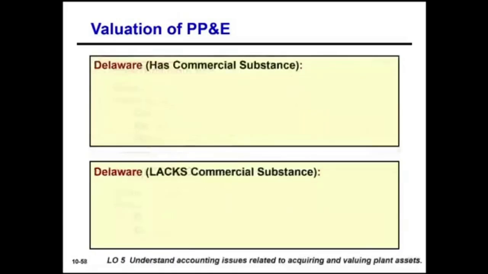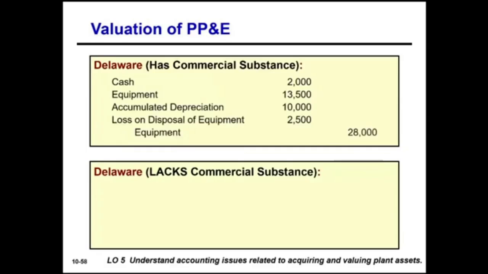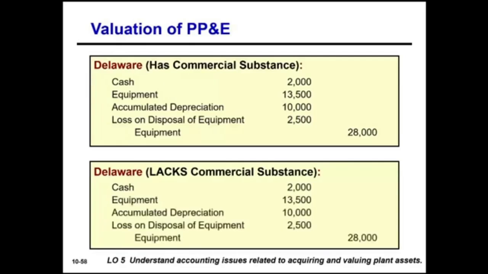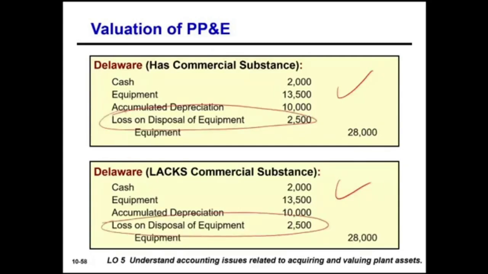This is for Santa. For Delaware, if it has commercial substance, we're going to be recording the loss. If it lacks commercial substance, no difference. We're going to be recording the loss. And don't forget, the loss is recorded regardless if we have commercial substance or if we lack commercial substance.